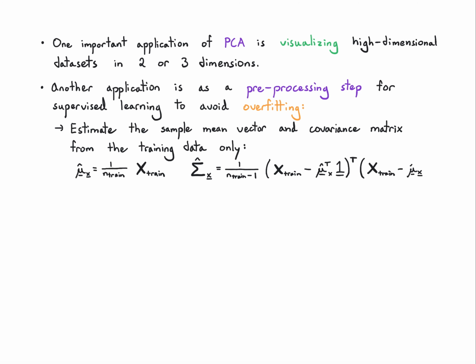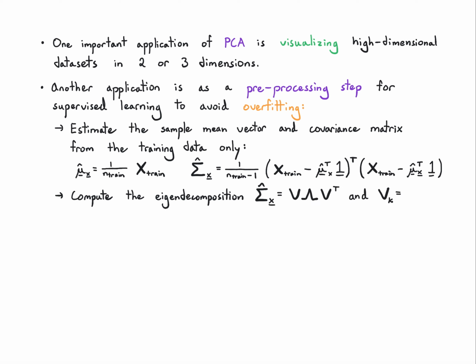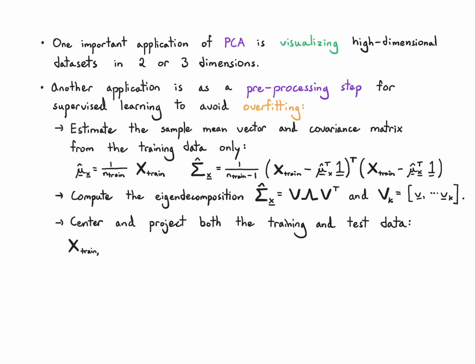This is just what we were doing before, except now I use X train instead of X. I compute the eigendecomposition, just as before, and get V lambda V transpose, and I keep only the first k columns, so I only keep k dimensions. Then I take the training data and the test data and center and project them. From the training data, I subtract the mean and project by V. Same for the test data.